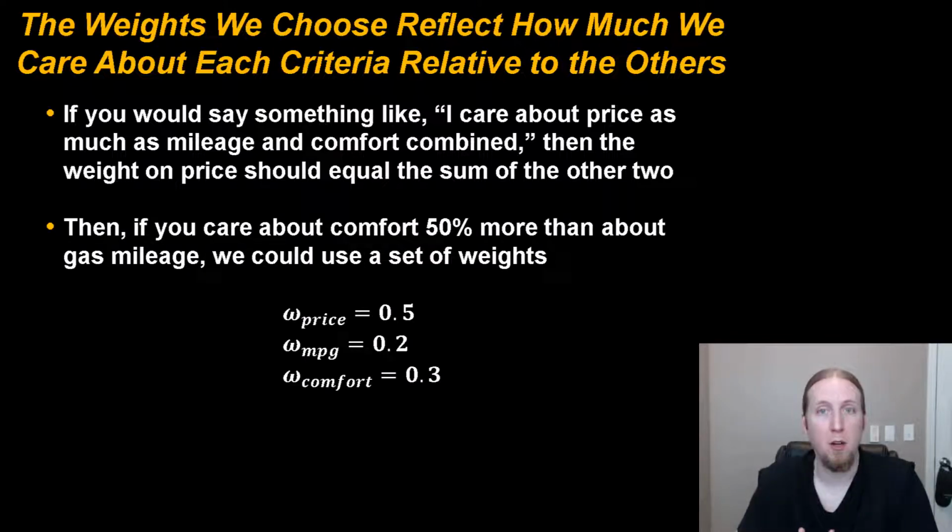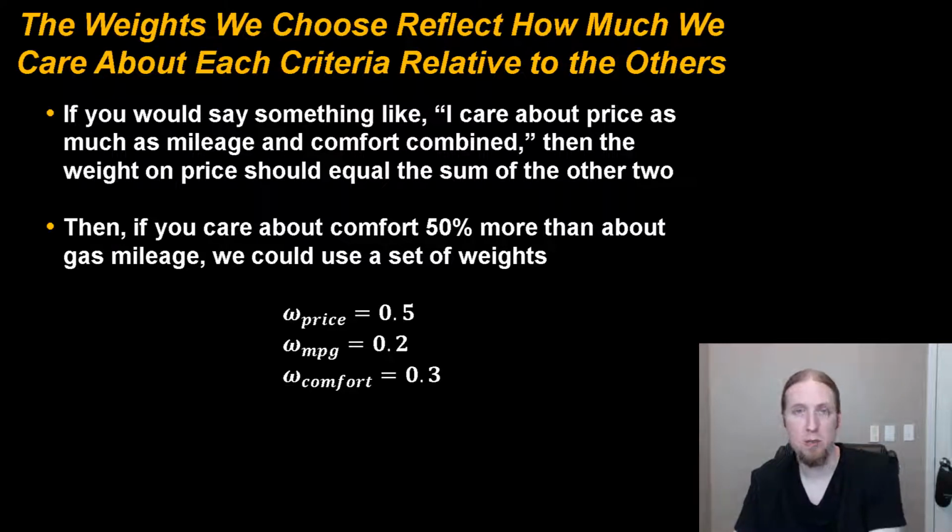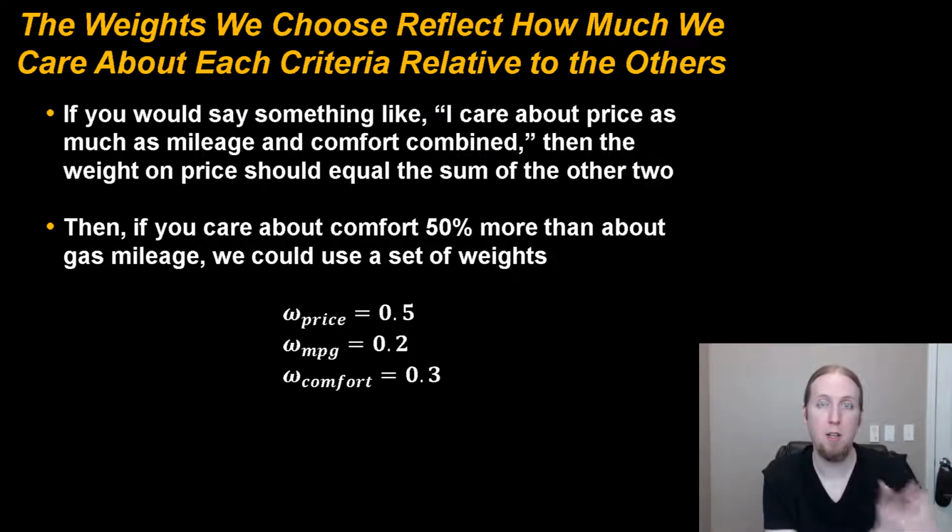Then if you care about comfort 50% more than about gas mileage, then we could use that information, translate it to a system of equations that allows us to solve for what the appropriate weights are that are consistent with those preferences. What we typically do is say that all of the weights have to add up to 1. That gives us another equation that we need in order to solve for each of them.